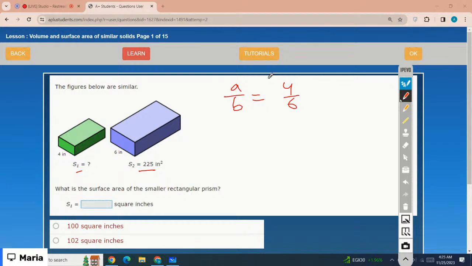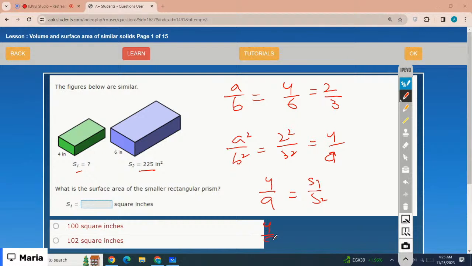When you are working on the surface area, you have to square both the values. So that is a square over b square equals 2 square divided by 3 square. 2 square is 4 and 3 square is 9, right? Now you have to equate them: 4 over 9 equals S1 over S2. So 4 over 9 equals S1, which you have to calculate, over S2, which is 225, right?